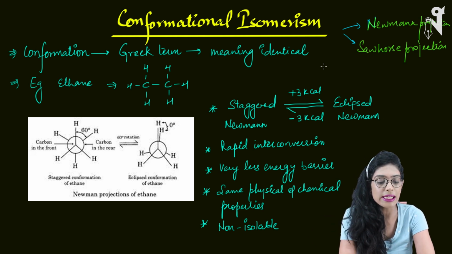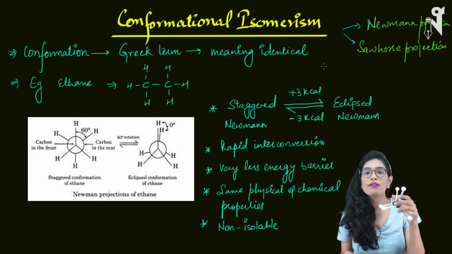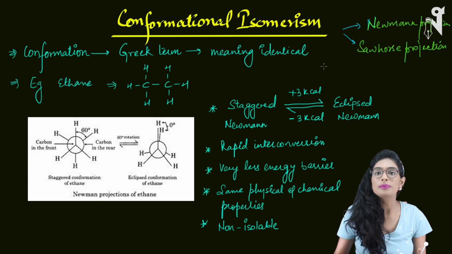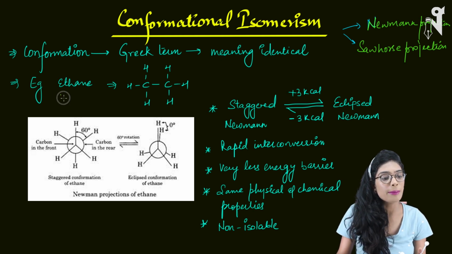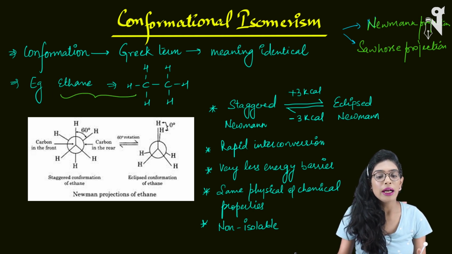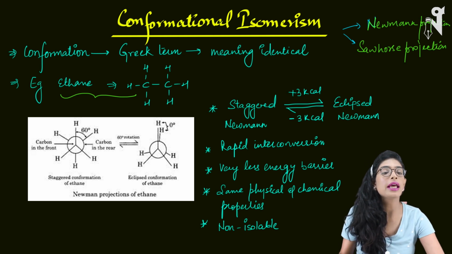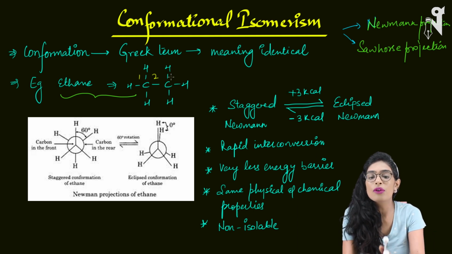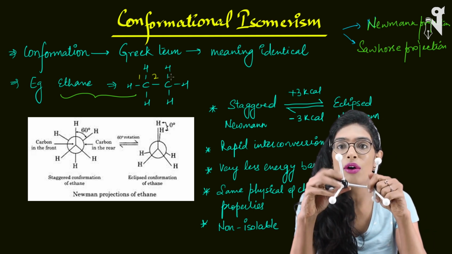So first we'll see what exactly the Newman projection is. I have taken ethane as the example, and ethane can be written as CH3-CH3, so we have two carbons here. This is my 3D model of ethane.